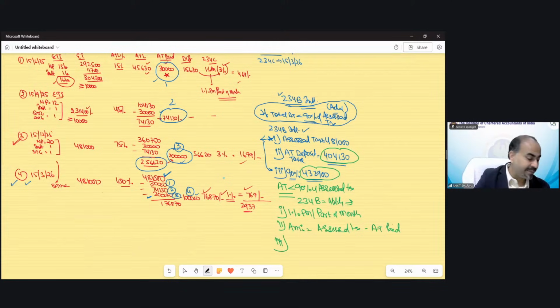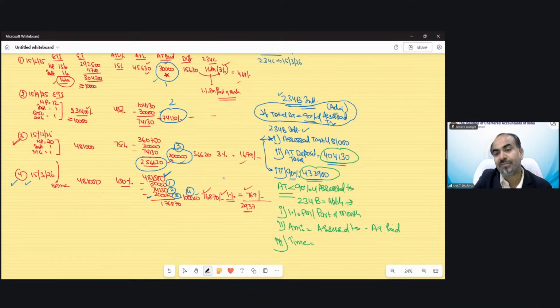Now the third and the most interesting part is the time duration. Like in 234C, we have a specific percentage, 3%, 3%, 3%, and 1%, a fixed rate. But in case of 234B, the interest calculation time is different.